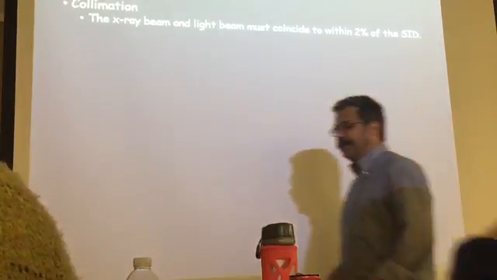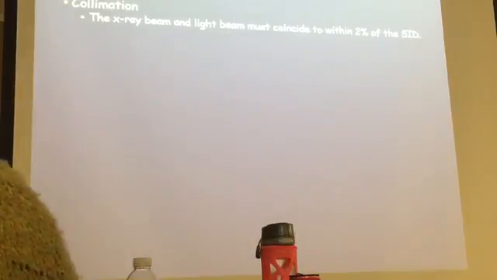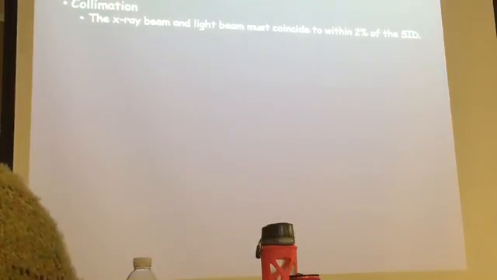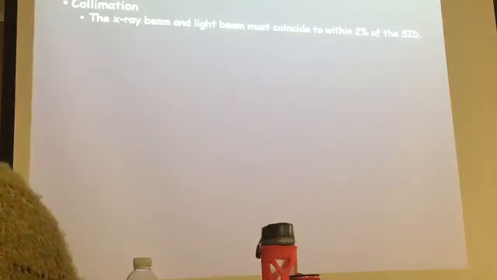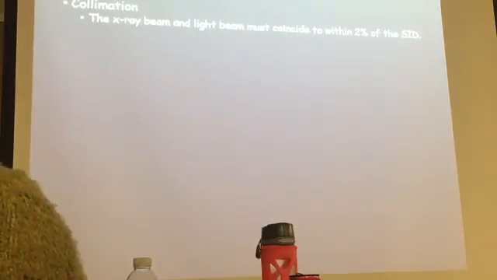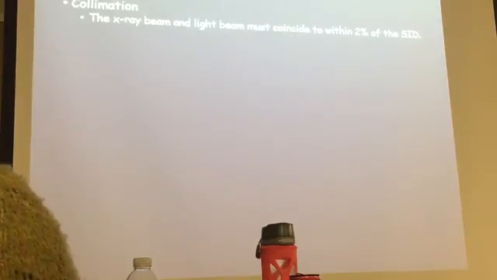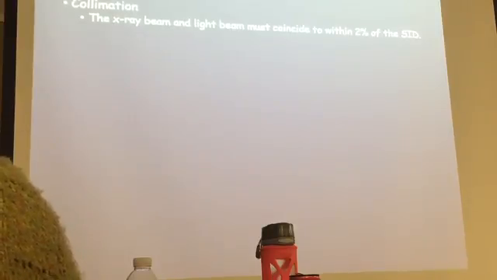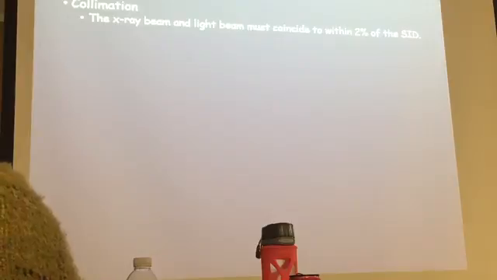And you see your cone marks. Say, for example, you have opened up your cone to an 8 by 10, and you see your lights, and then you make an exposure. That exposure should coincide with the light beam. Make sense?